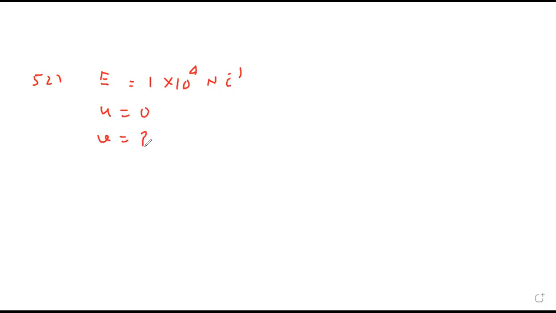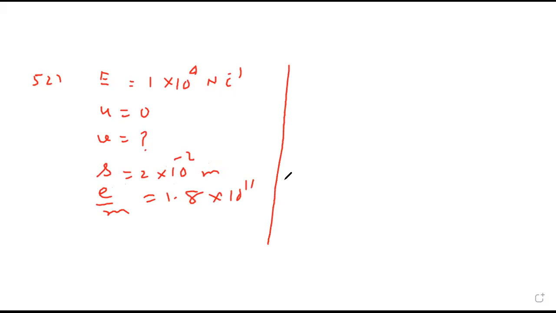What is the velocity v of the electron when it has traveled a distance of 2 into 10 raised to minus 2 meter, if e by m is given as 1.8 into 10 raised to 11? Same concept. s is ut plus half at square. No, I won't go by this because time is not given. v square equals u square plus 2as.